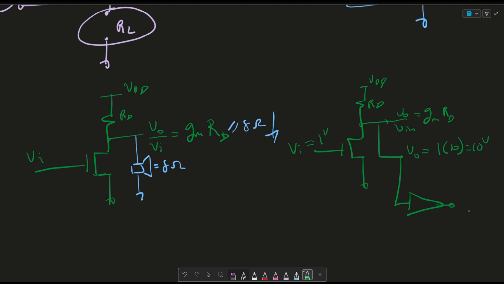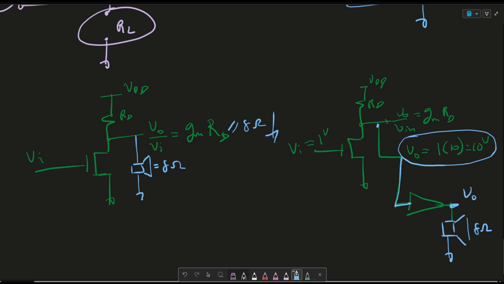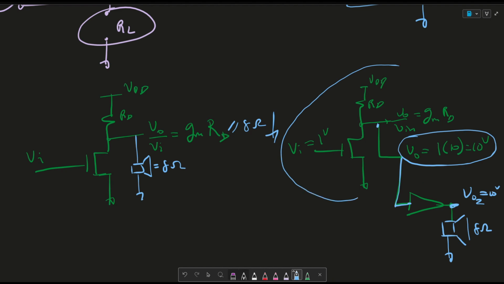Okay? So then, before attaching our speaker, 8 ohms. So essentially, this amplifier is not affected, right? I'm still amplifying the signal to 10 volts, and I'm putting in this buffer here, and 10 volts is located here, V out 2 equals 10 volts, because it's just a buffer, right? But then it's not affecting this amplifier.